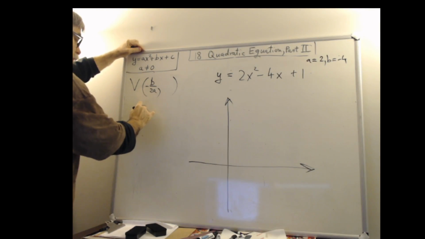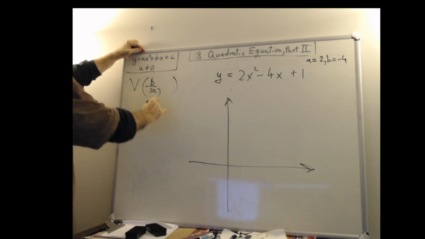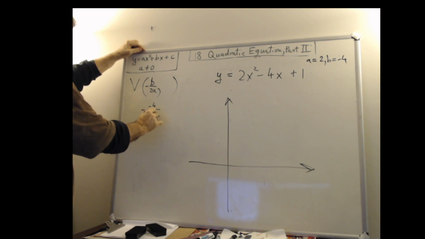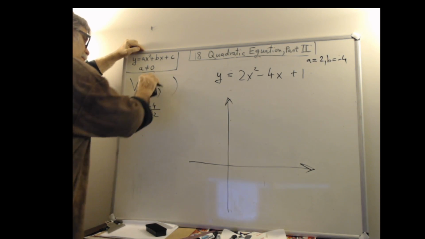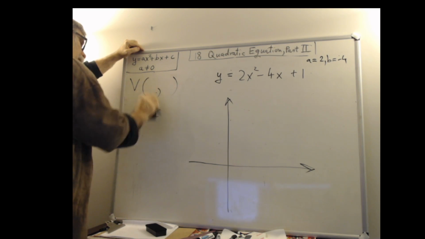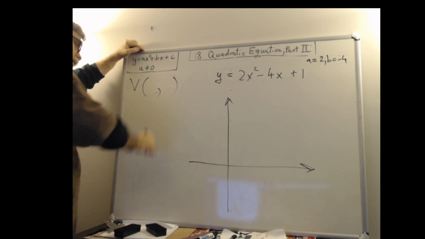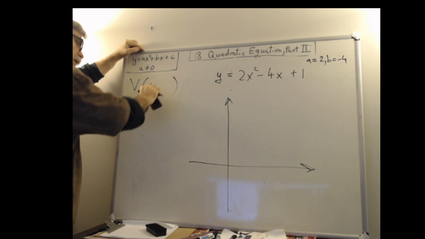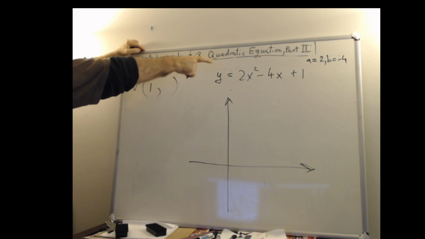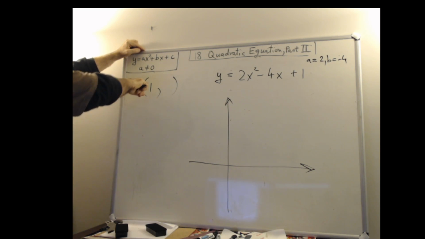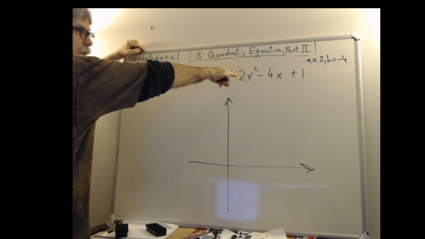So in this calculation here, negative 4 divided by 2a, very easy one. I have 1. That's the x of the vertex, 1. The y of the vertex has to satisfy this equation with the x of the vertex being in place of x here.